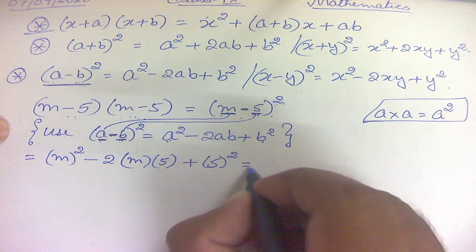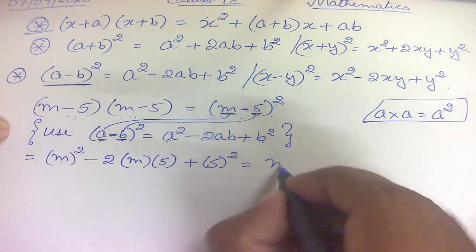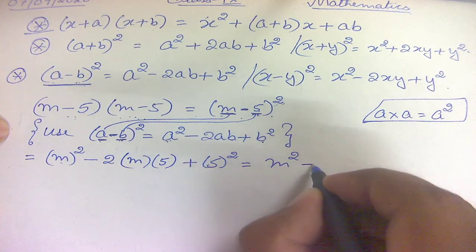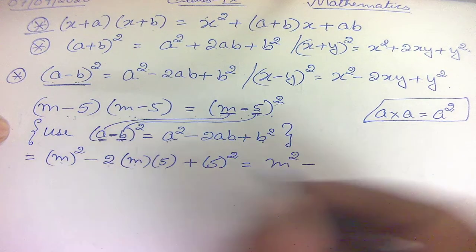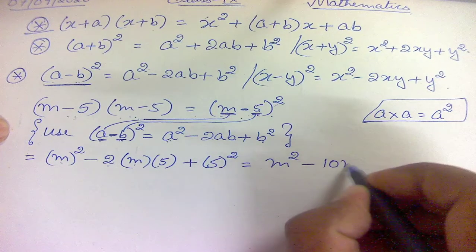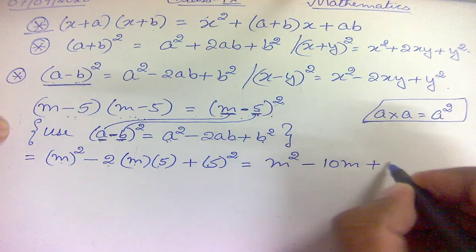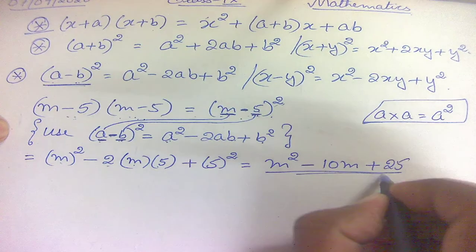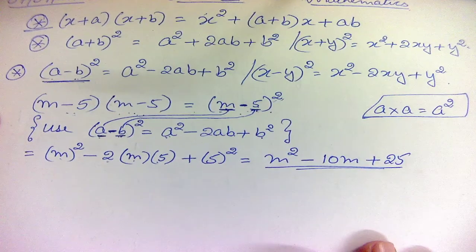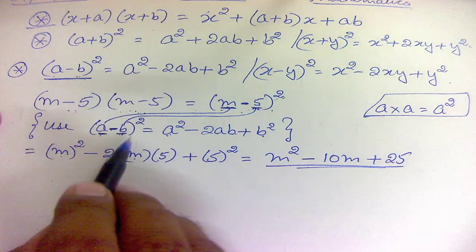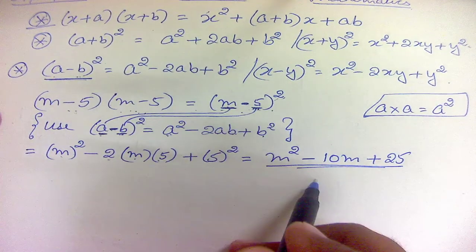So what does this give you? Square of m is m squared, minus 2 into m into 5, this is 10m, and plus 25. So this is the product, or the expansion of (m - 5) whole squared.